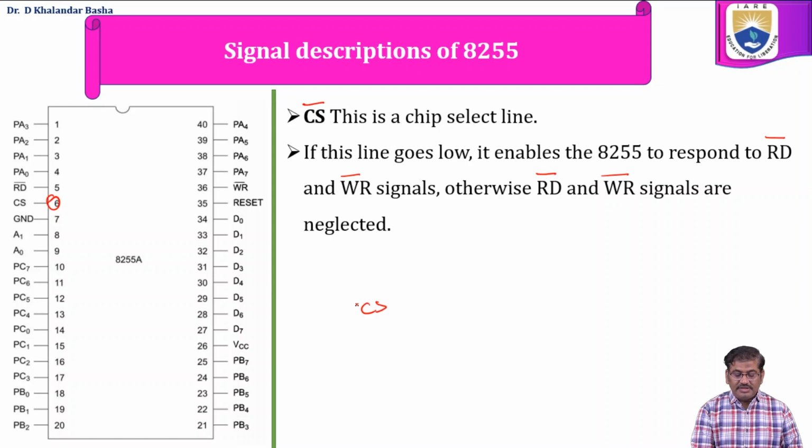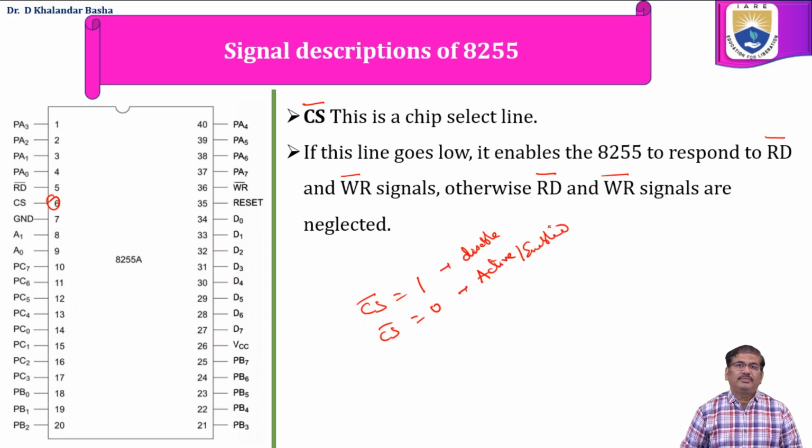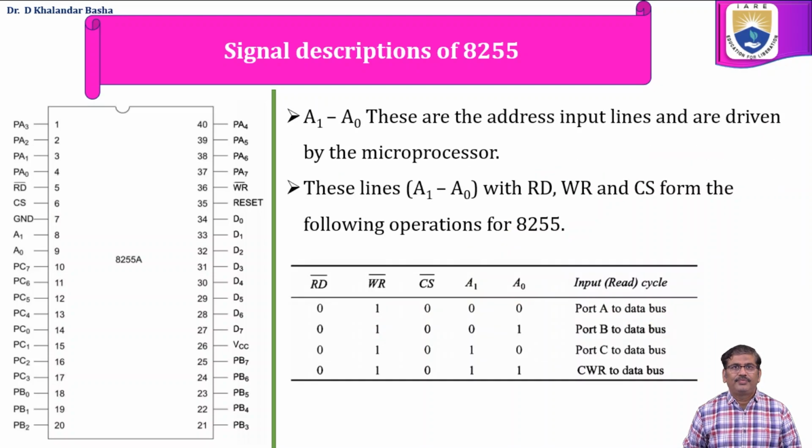So if CS bar is equal to 1, even though data is being written on the data bus and read and write signals are enabled, no action will be performed by 8255 as it is in the disabled state. So we can consider CS bar equal to 1 as the disabled state of 8255. If CS bar is equal to 0, then we can consider this as an active or enabled 8255, so that we can have the data exchange with the IO device.